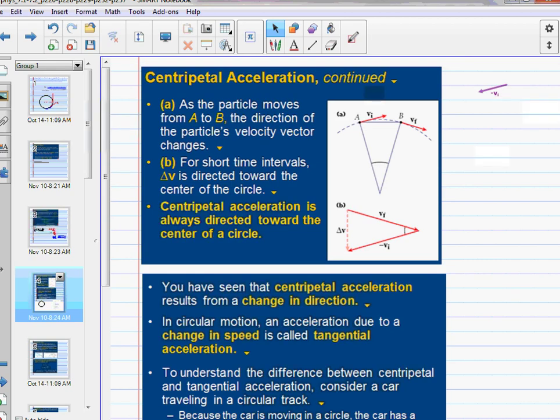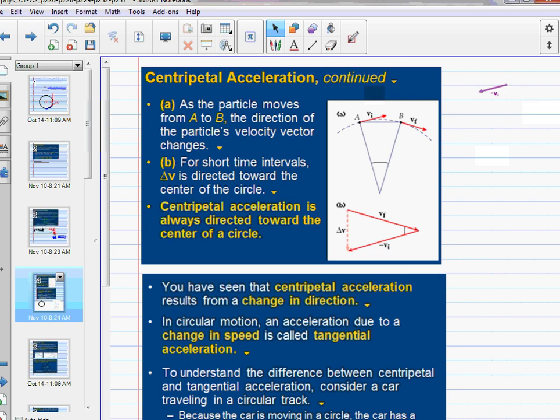Centripetal acceleration, how do we know it's directed toward the center? Well, this little diagram can help us understand. Hopefully the string also helps you understand. The only way I can apply force is towards the center. So we're going to accelerate in the direction of that net force towards the center. But let's look at this diagram. At point A, my tangent is that v sub i. That's my initial velocity.